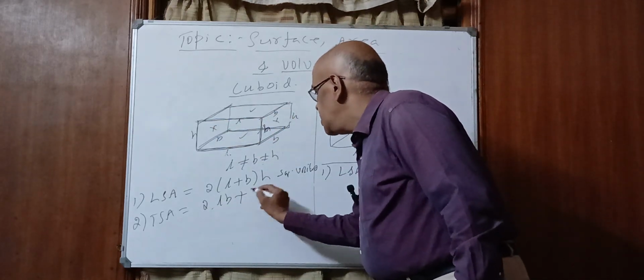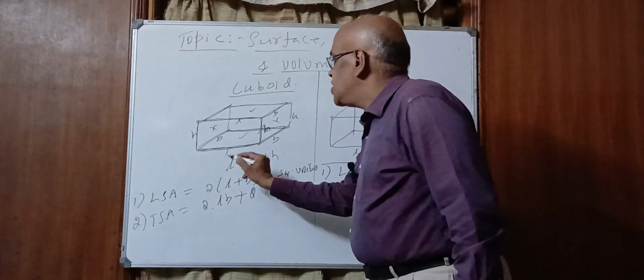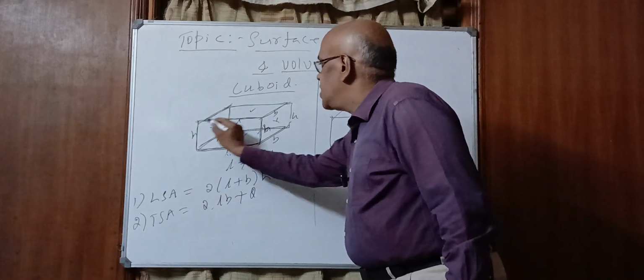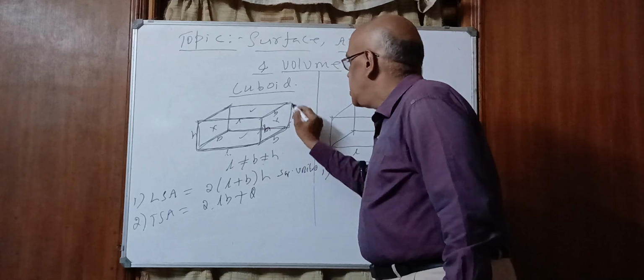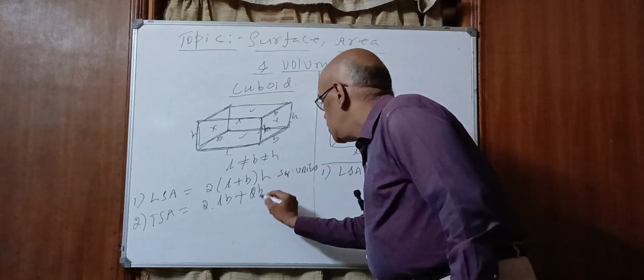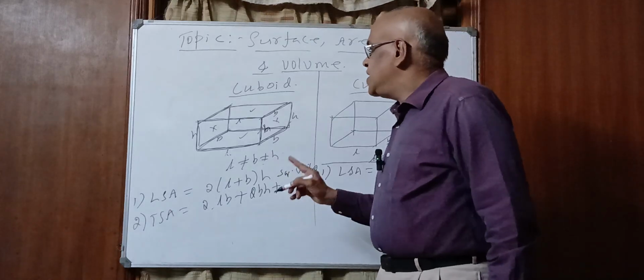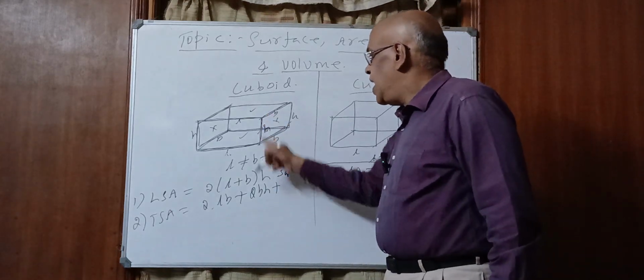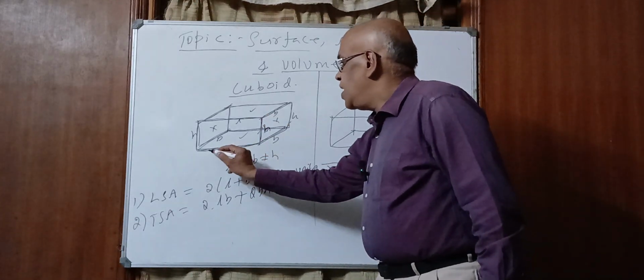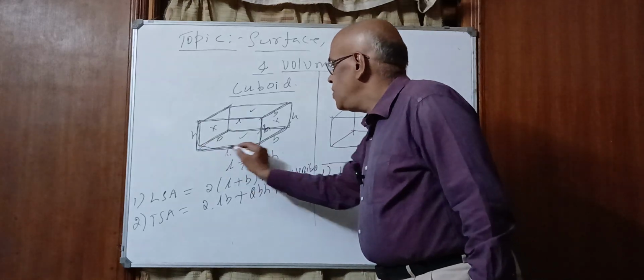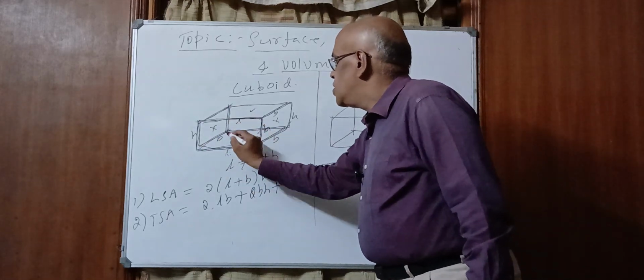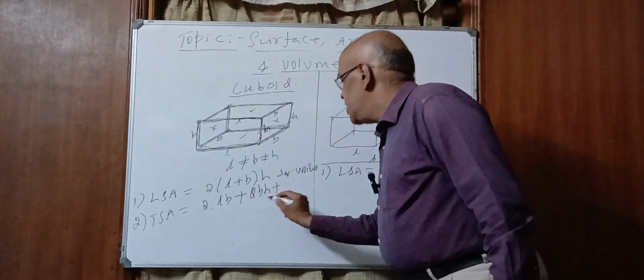2LB plus 2BH. B into H, 1 and 2. Plus 2HL. What is H here? Height into length. There are two figures, 1 plus 2. Yes or no children?